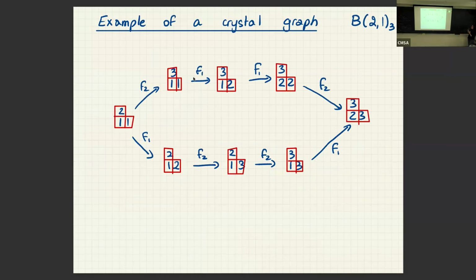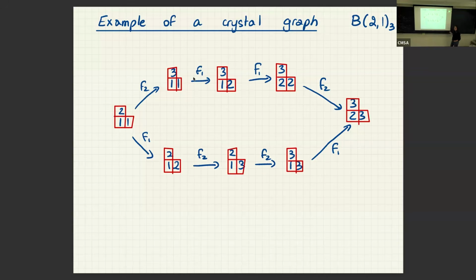Okay, so that means that if I take an example here where lambda is (2,1) and n is equal to 3, you can build this crystal graph. And this crystal graph has many, many nice properties. Namely, there's always one tableau where I have all ones in the first row, all twos in the second row, and like that.